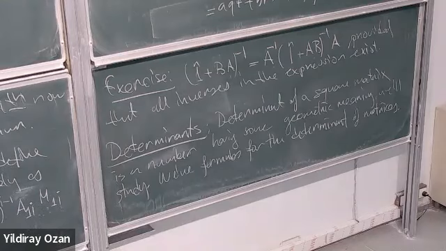First, if I have a matrix like this, let's say a 2 by 3 matrix or an m by n matrix, we define the transpose of A, and it is nothing but the following. You just take each row and write it as a column.